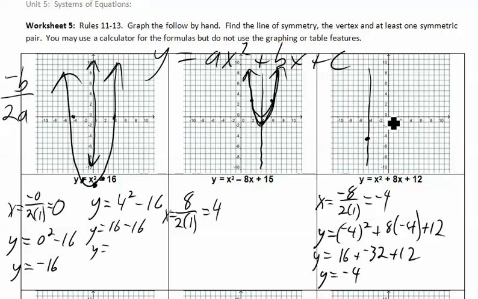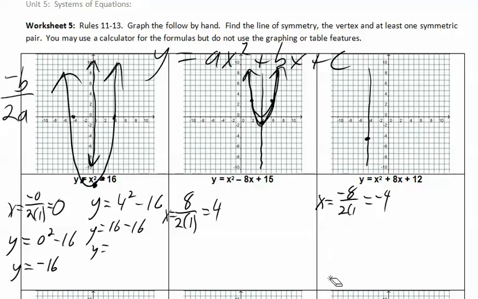Alright, so I can pick 0, because that's going to be an easy one. It's going to come off my graph just a tiny bit. If you didn't get it, just go backwards a little bit and pause the video. If I pick x equals 0, I get y equals 0 squared plus 8 times 0 plus 12.